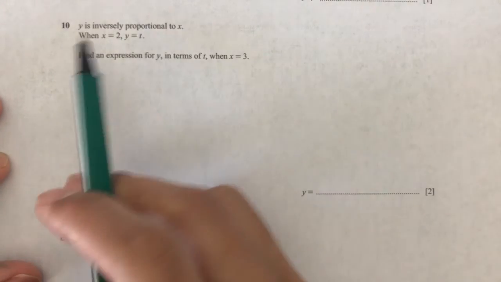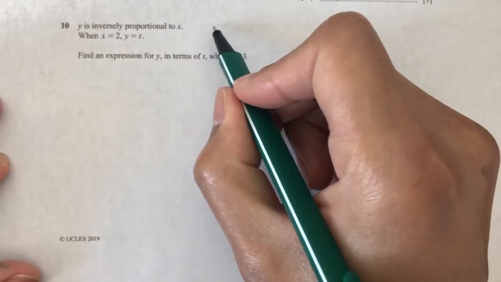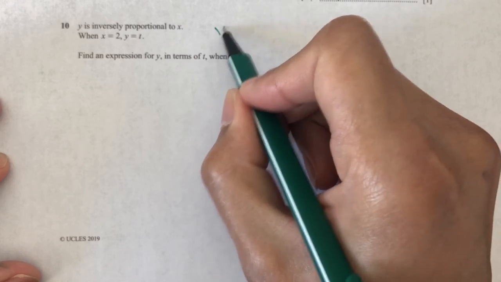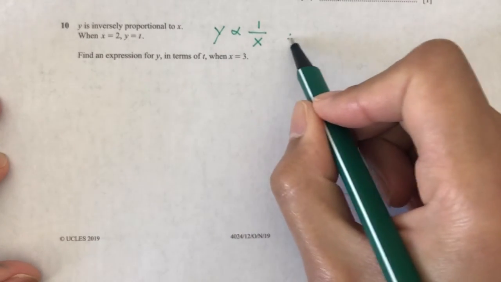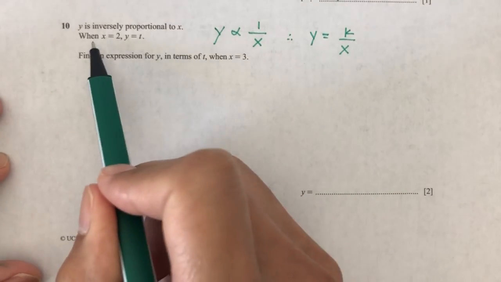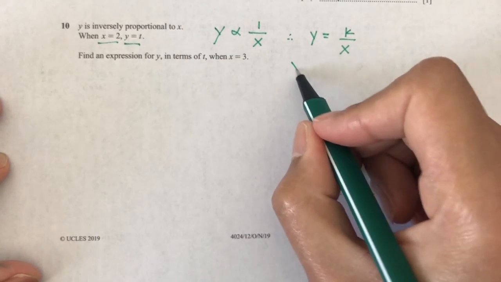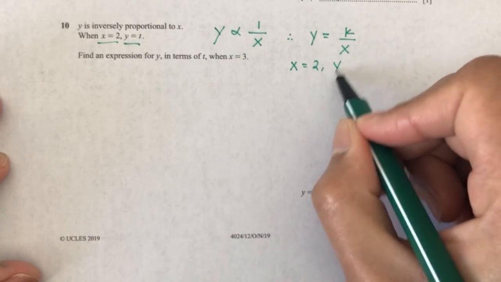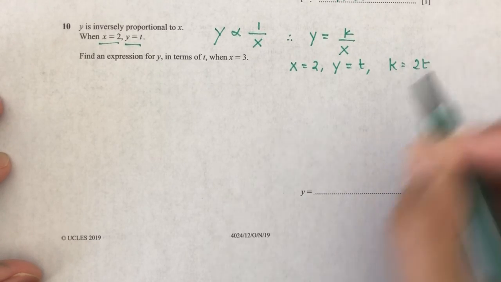Question number 10. We have y is inversely proportional to x. So from this information, we have this equation, y equal to k over x. So when x equal to 2, y equal to t. Find the value of k. So the value of k is 2t.